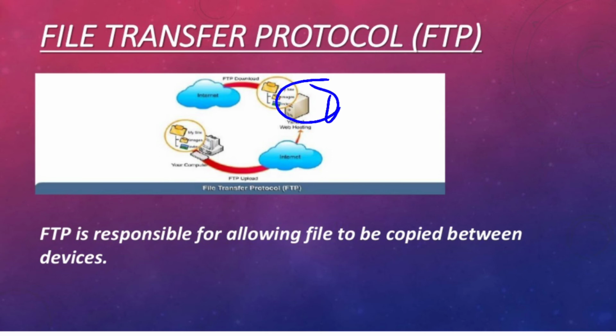This is the server from which I am using the internet facility, and this is my computer. If I take anything from here to my computer, this process is called downloading. From the internet to your computer, if you take something, it is called downloading. Second, if you send anything from your computer to this computer, it is called uploading.